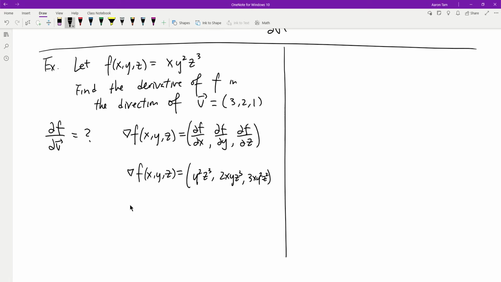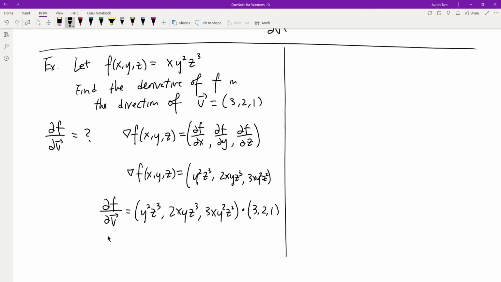So therefore now I can find df over d vector v. That would equal the gradient, which is y squared z to the third, 2xyz to the third, and 3xy squared z squared, dot product with the direction 3, 2, 1. Notice that when I dot product these two things together, it comes out to be a single scalar.